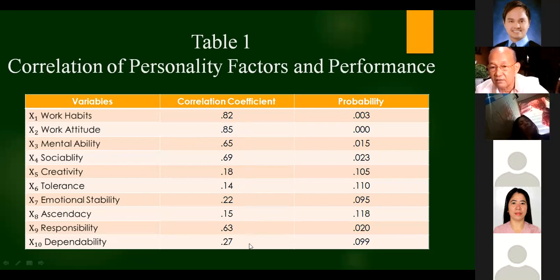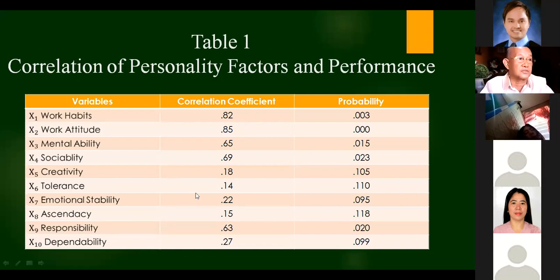No, wala po. Wala. Kaya ang ibig sabihin niyan, all the 10 personality factors are correlated with teaching performance. Can you follow? This is shown by the obtained correlation coefficients, which are all non-zeros. Yun ang answer sa first question.